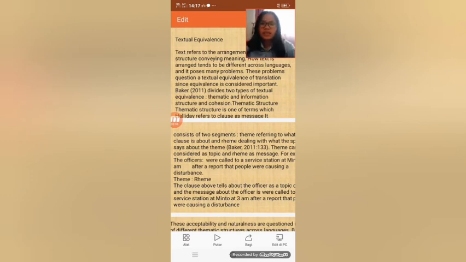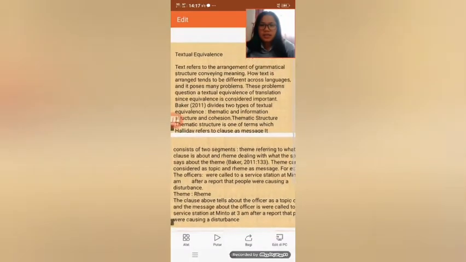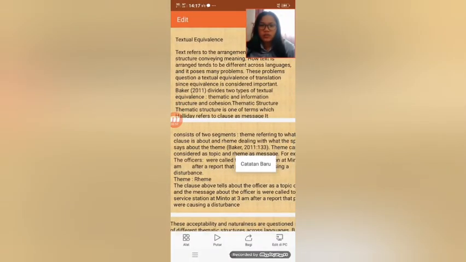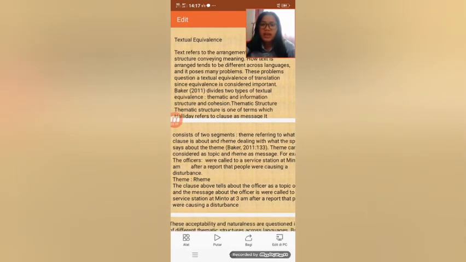As we can see in the slide, it explains that text refers to the arrangement of grammatical structure, which confers meaning. How text is arranged tends to be different across languages, and it poses many problems.